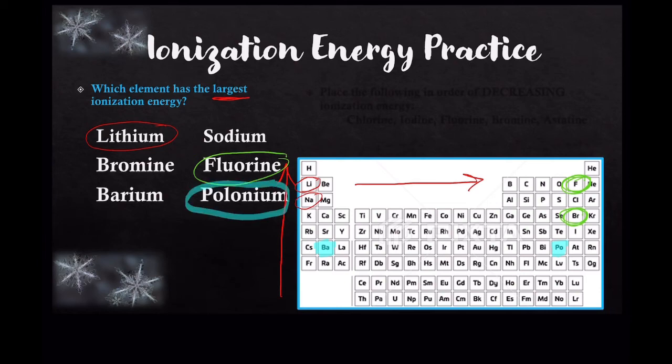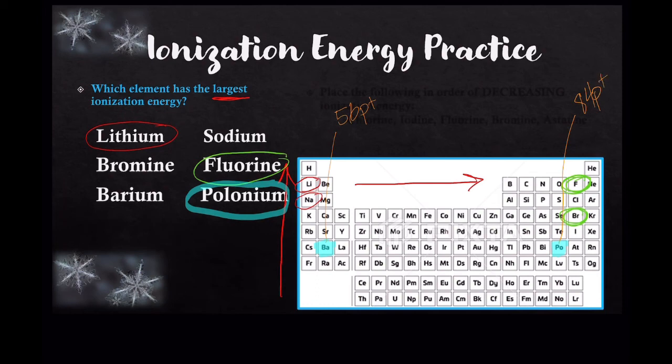So because barium and polonium are in the same period, we can't rely on the number of energy levels to explain our answer. Instead, we look at the number of protons each of these elements has. If you look up the atomic numbers on the periodic table, barium has 56 protons, and polonium has 84 protons.